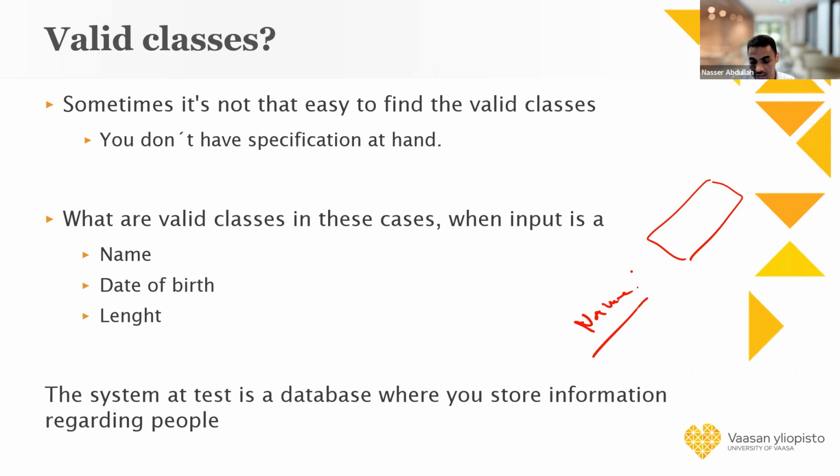For the name, based on the requirement, it should, for example, not accept characters, not accept numbers, and not accept spaces. So based on the requirement, you can identify the valid and invalid partitions. The same thing goes for the birthday and the length of a person, for example.